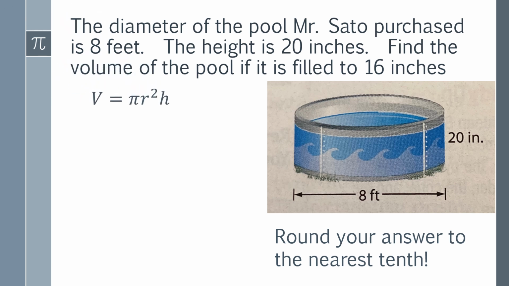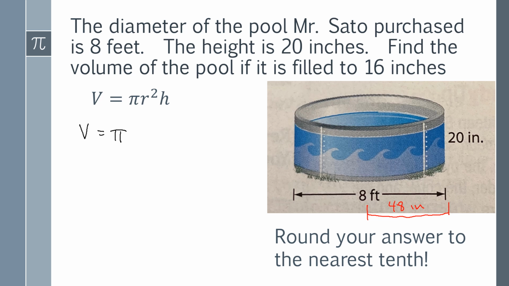So our volume again is pi r squared times the height. So volume is equal to pi times the radius. Now, again, we've got to keep in mind our radius is 4 feet, which is 48 inches. Okay, because we want to have that be identical.